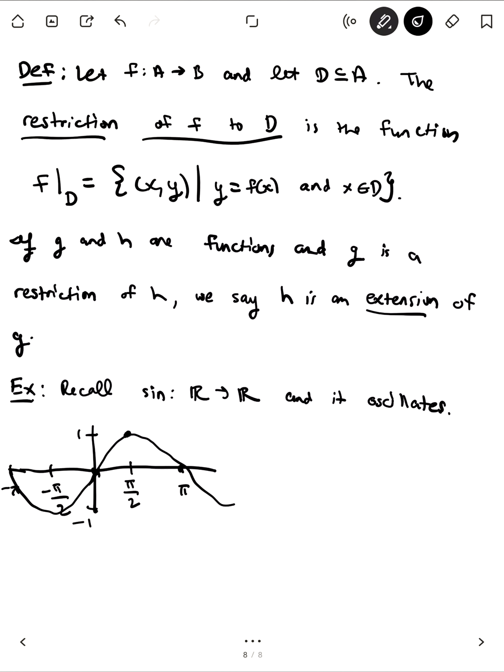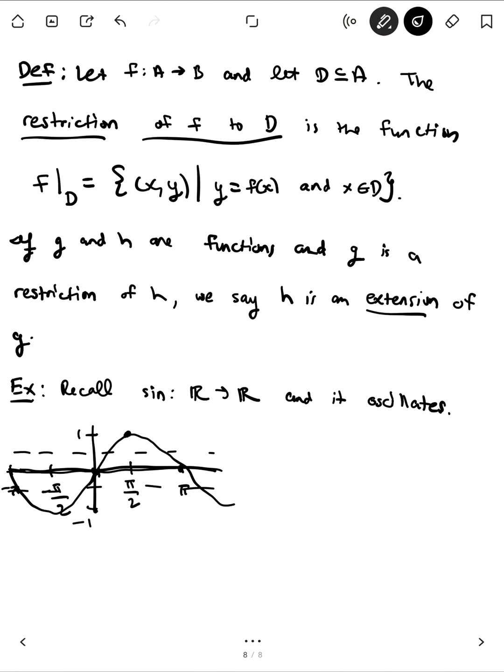So notice, going back to your calculus days, this function miserably fails the horizontal line test. If I draw horizontal lines, it pretty miserably fails it. And if you recall from your calculus days, what that means is that the inverse of this in general does not exist.